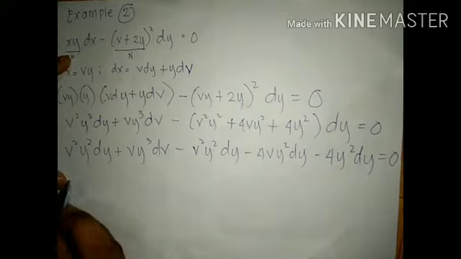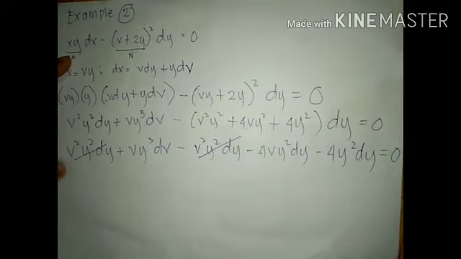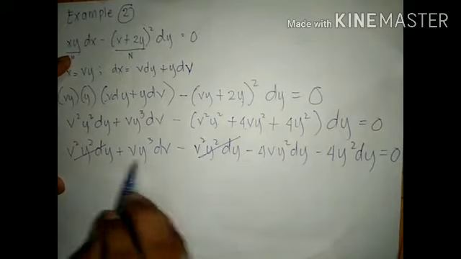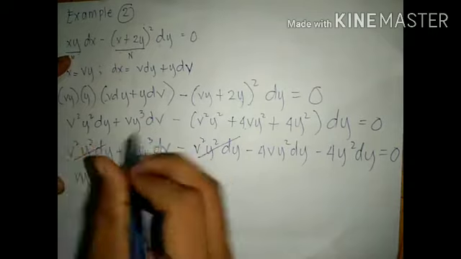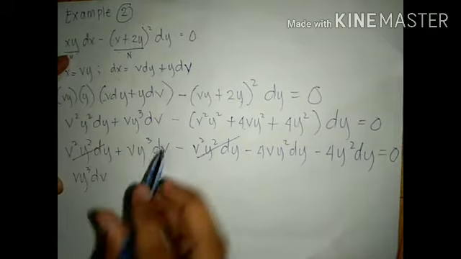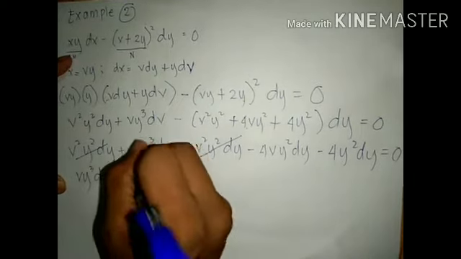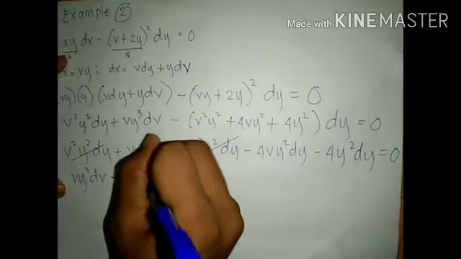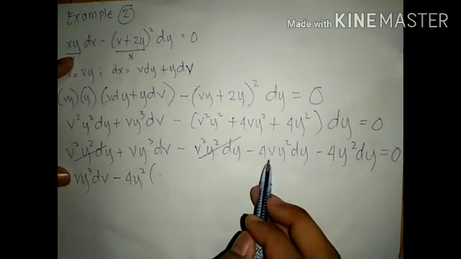So cancel out, same na to dari. And then kapihon na to ang nabilin, vy cube dv minus 4y squared.